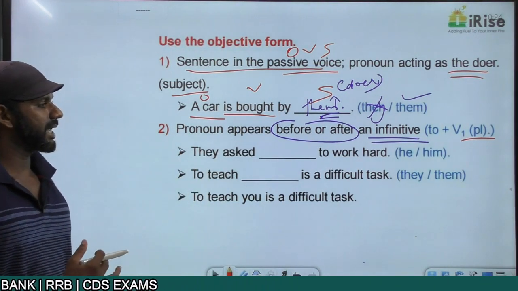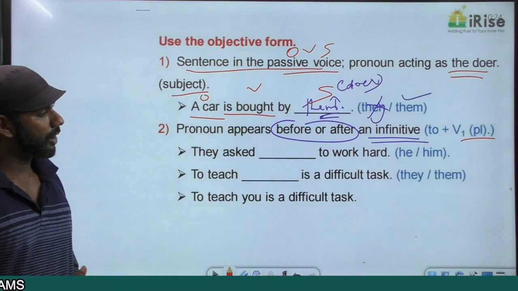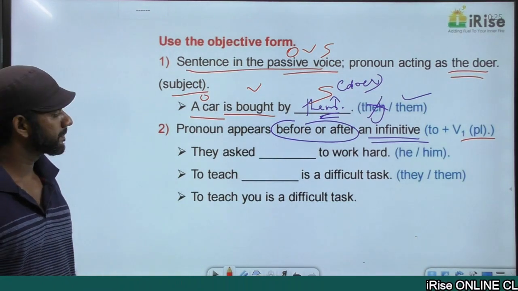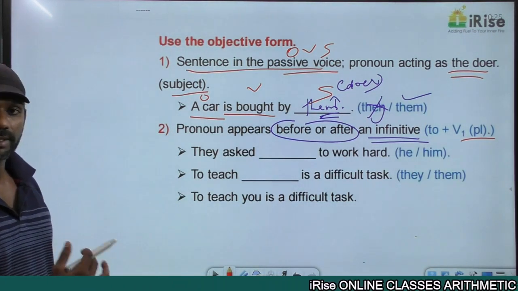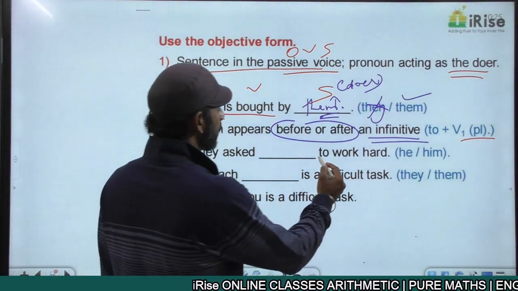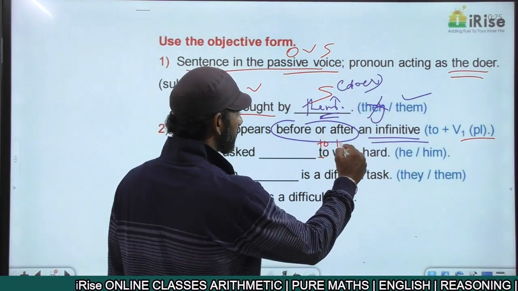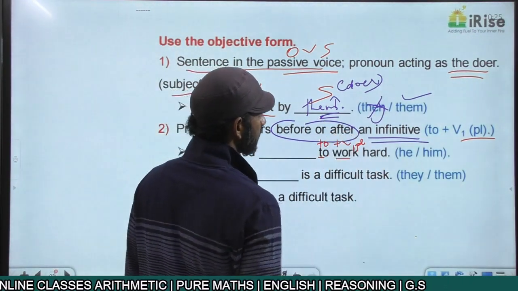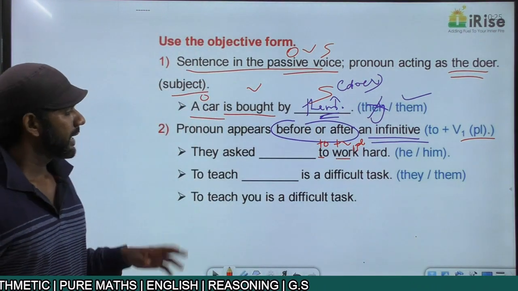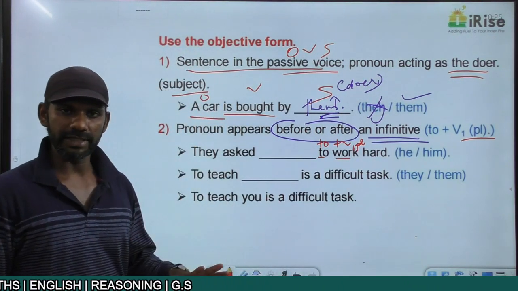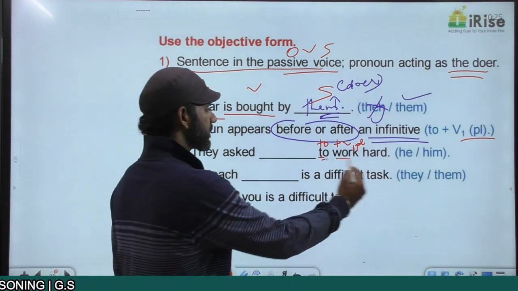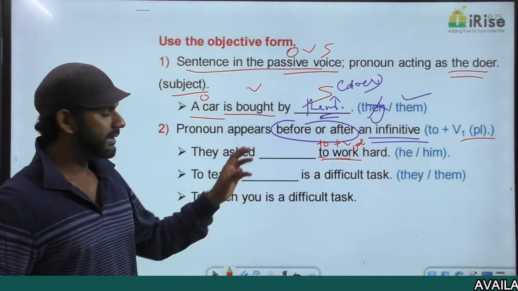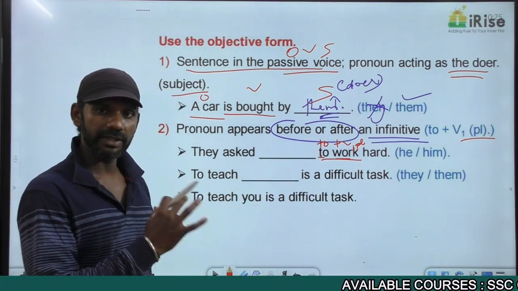Come to the first statement. They asked dash to work hard. Options are he, him. To work is to plus V1 plural. Work is V1 plural, and to plus V1 plural is an infinitive. So to work is an infinitive, and the blank must be filled with a pronoun.